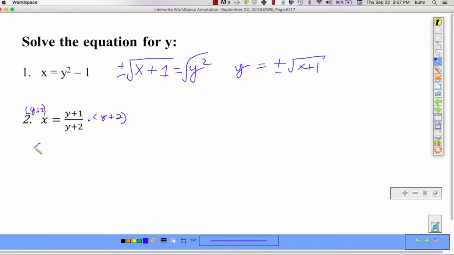So I now have x times y plus 2 equals y plus 1, because I got rid of those ones over there. The next thing you're going to do is distribute this x. So I get xy plus 2x equals y plus 1.